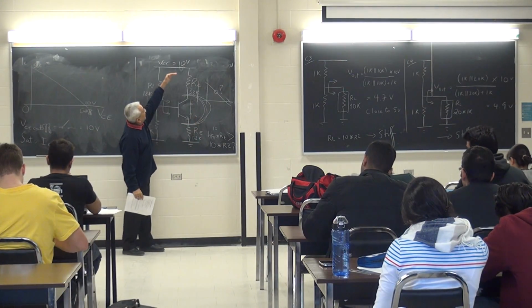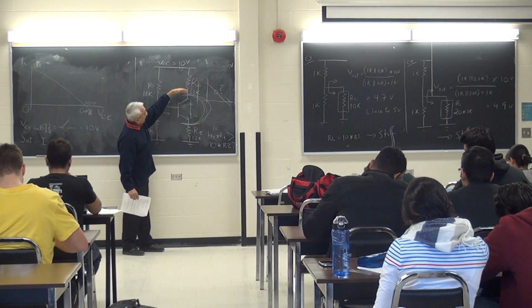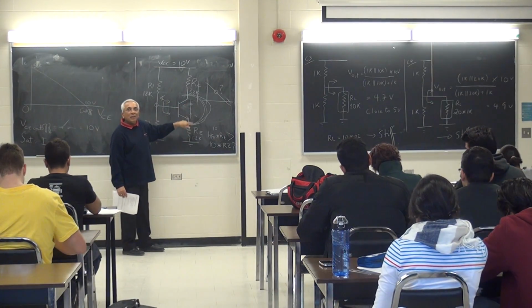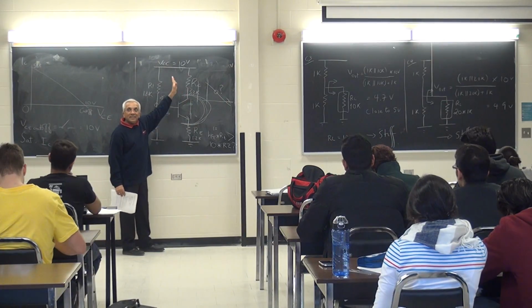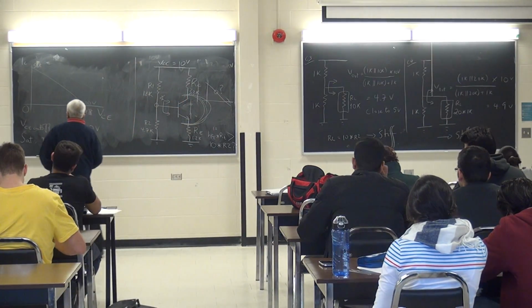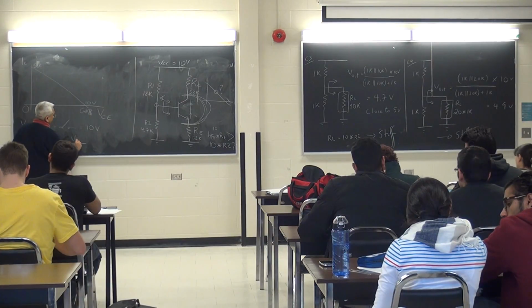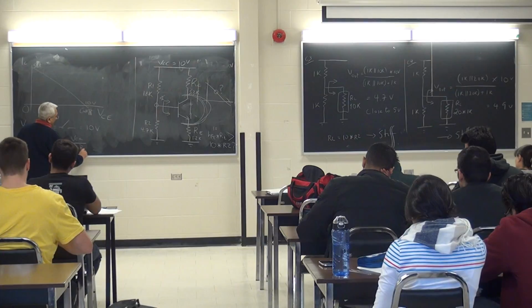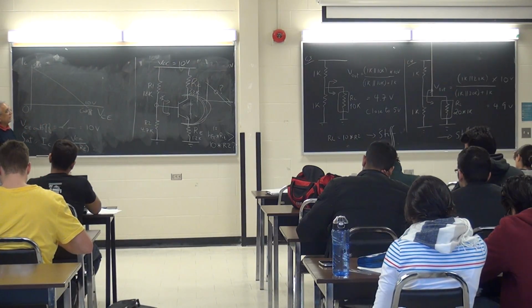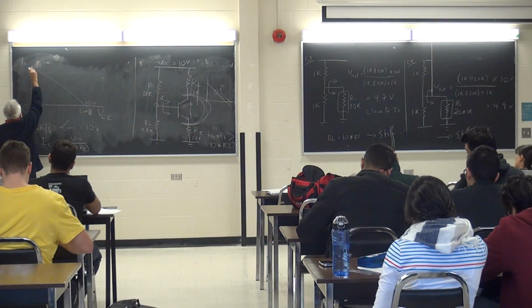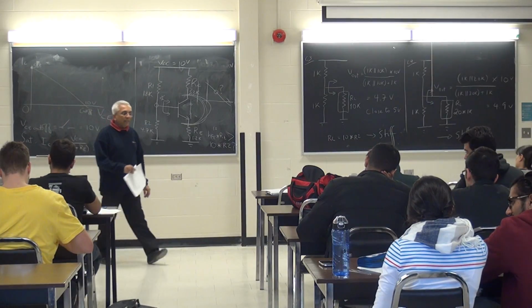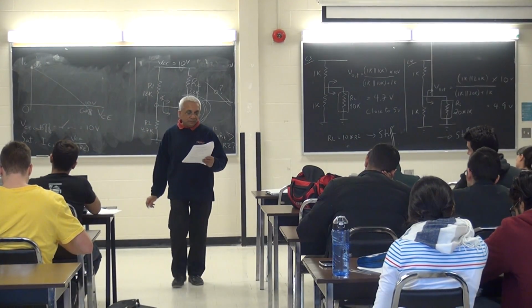What do I have? 10 volts, 3.3K, and 1.2K. So IC sat is VCC divided by RC plus RE. Everybody see that? For the saturation value, my VCE value is 0 because the transistor is closed.